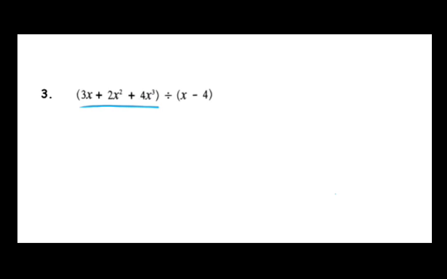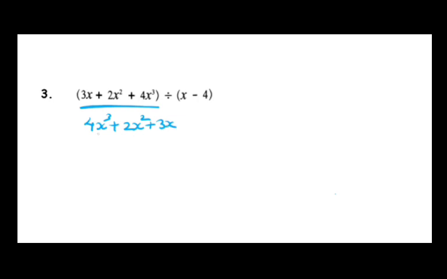If you see the sum, this is a little jumbled. That means you need to write the degree of x in the descending order. So 4x cube, then comes 2x square, and then comes 3x.